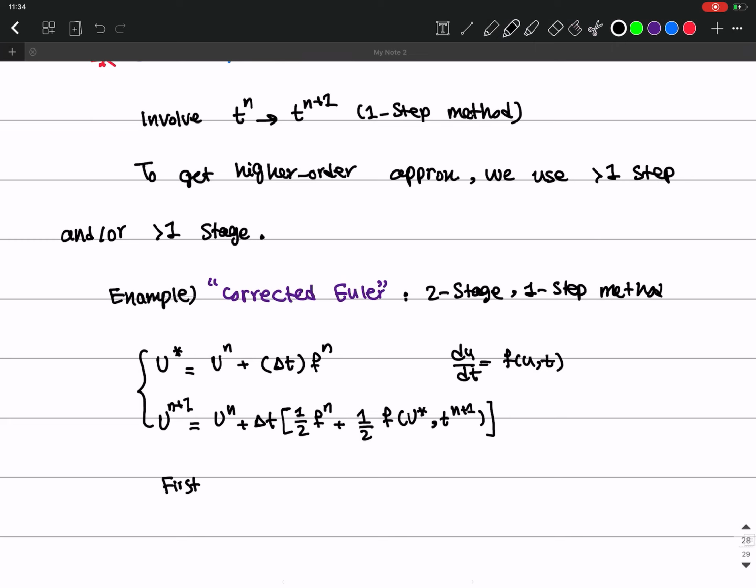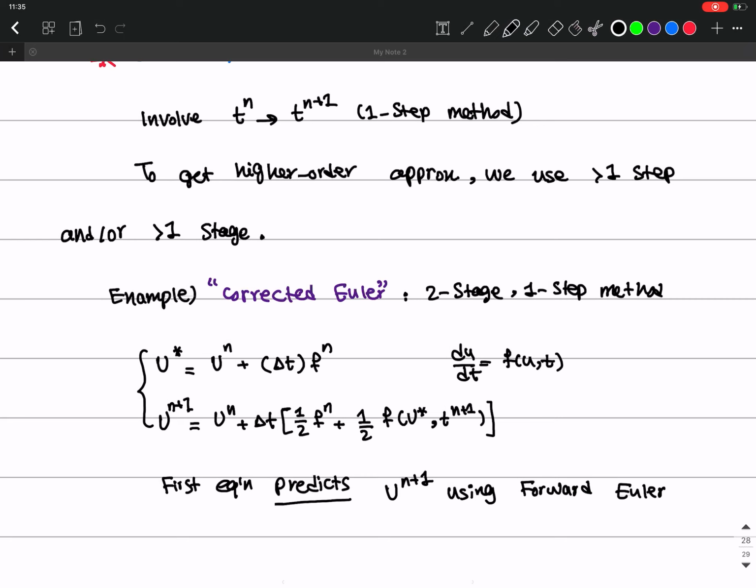The first equation predicts un plus 1 using forward Euler. This is the first equation.